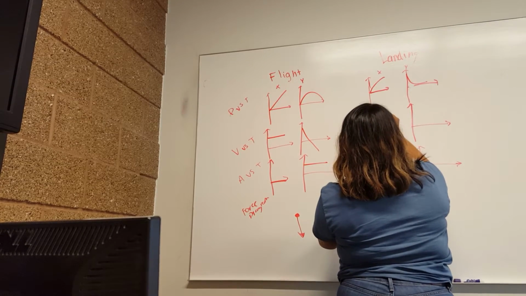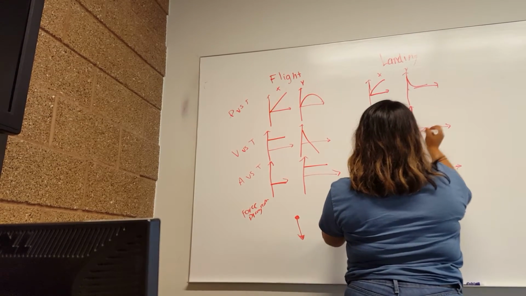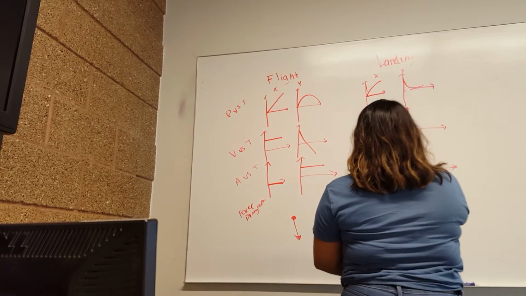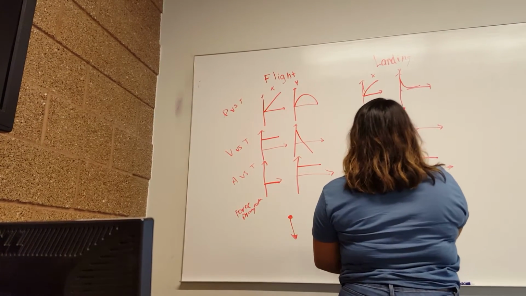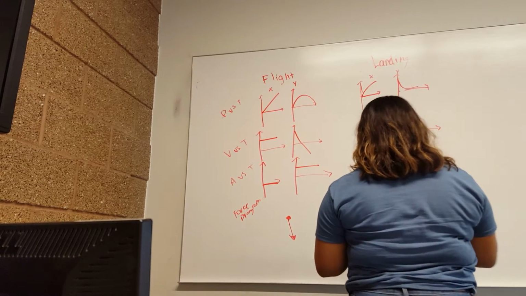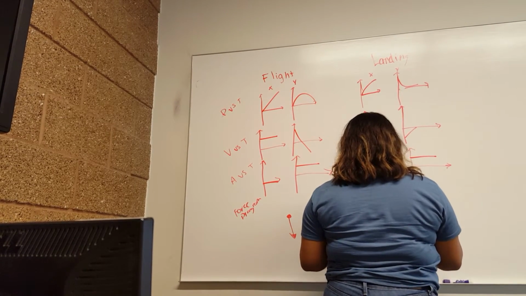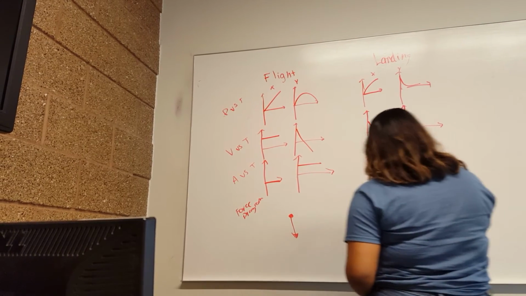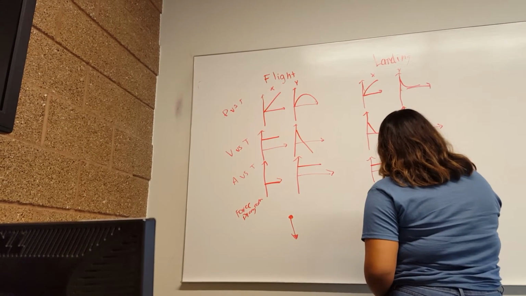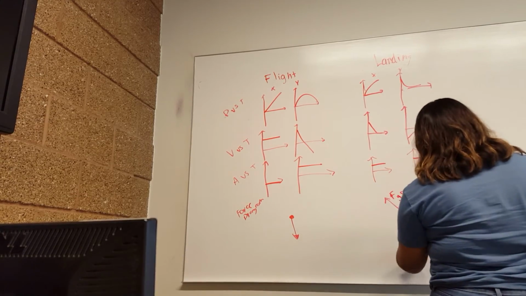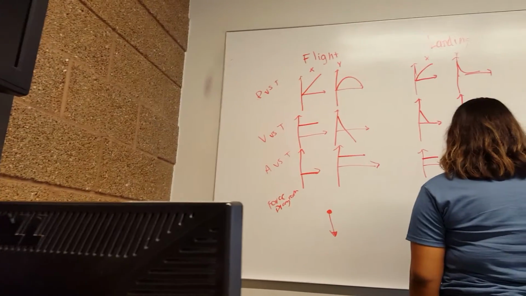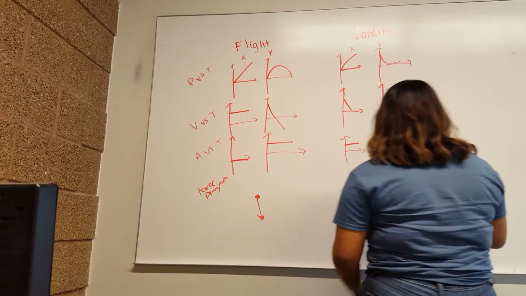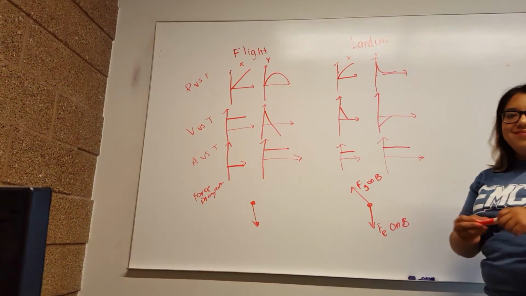And this would be that, because it's a little, okay. And our force diagram looks a little different because we have two forces at play instead of one. We're going to have the force of the ground on the balloon, and over here the force of gravity on the balloon. Okay, and that's it.